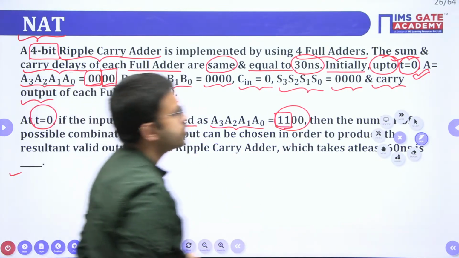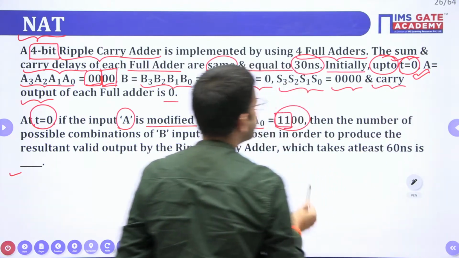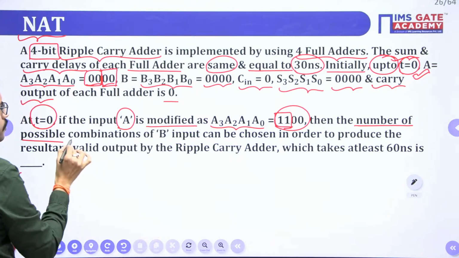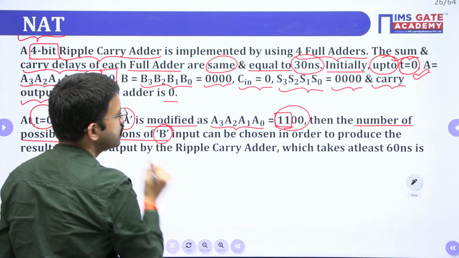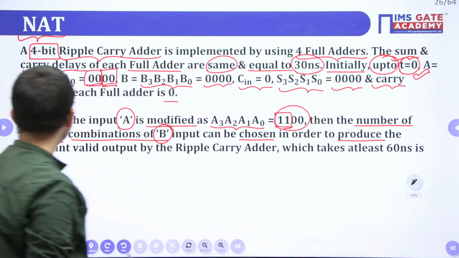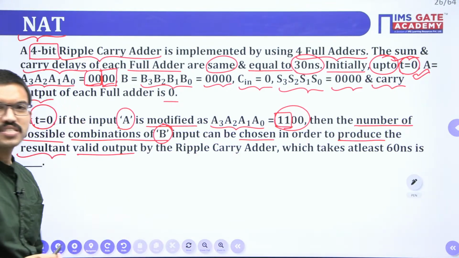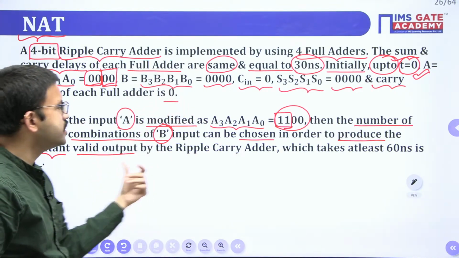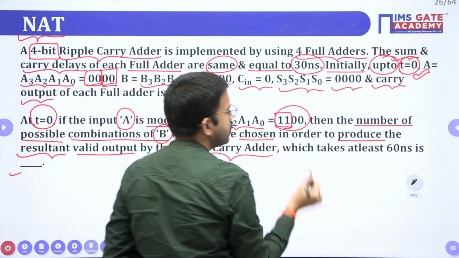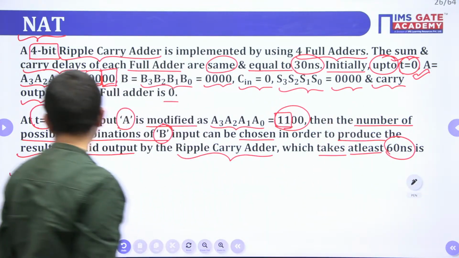Now the question is: the number of possible combinations of B input that can be chosen in order to produce the resultant valid output by the ripple carry adder, which takes at least 60 nanoseconds, is dash.